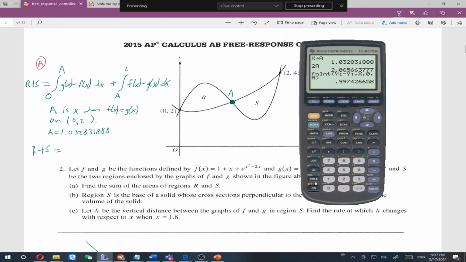Okay, so I'm going to store this value as r, in case we need it again. And then I'm going to add region S. So math 9, I'm going to integrate variables y variables function y1 minus variables y variables function y2 in terms of x from a until 2.